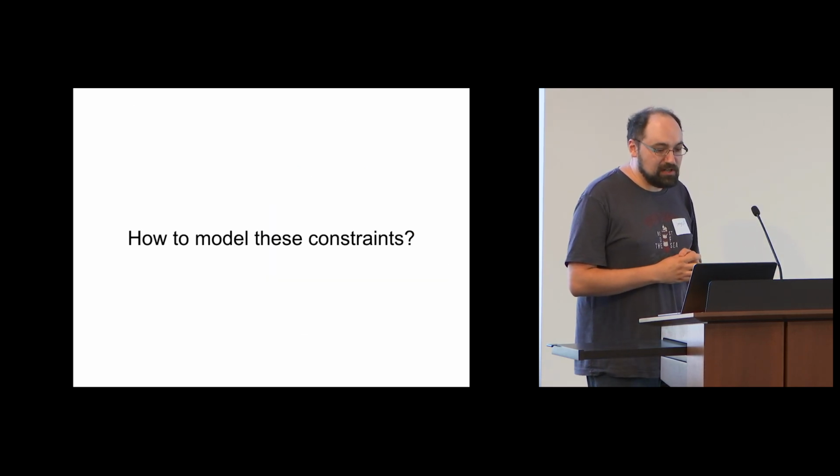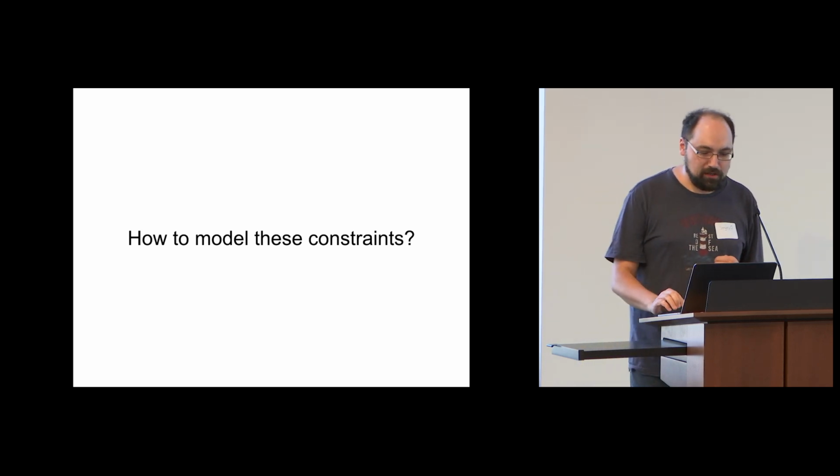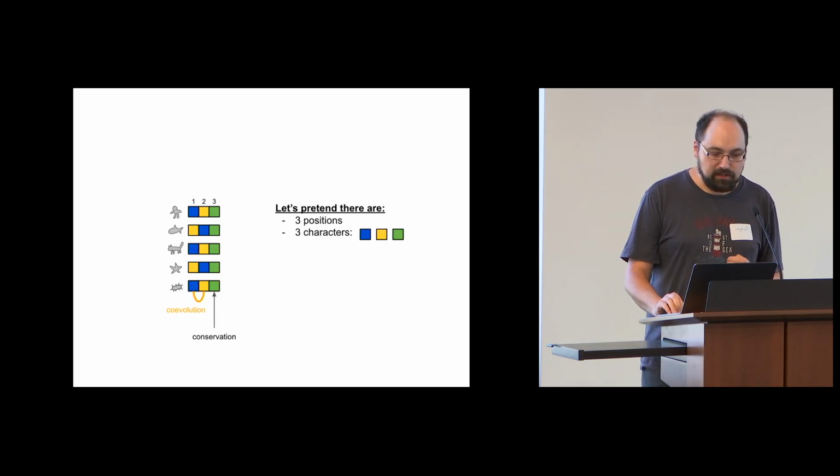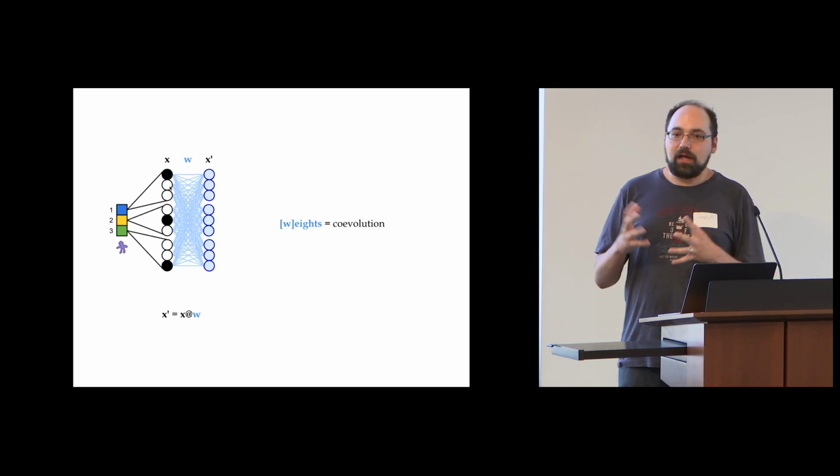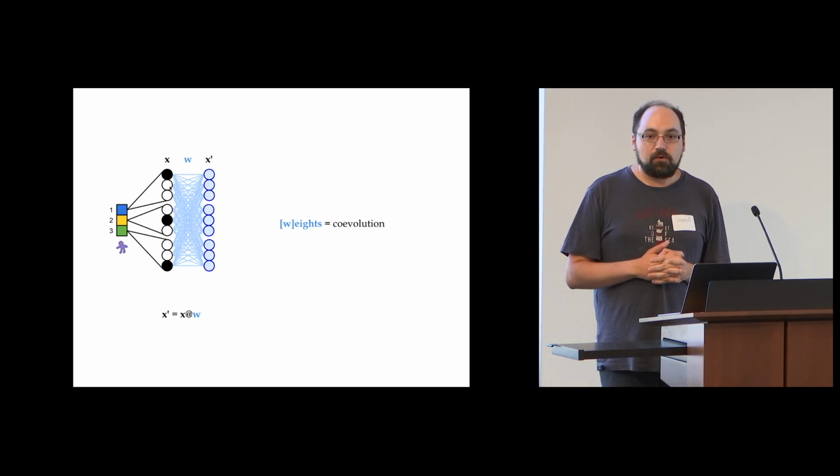Okay, so how do you actually model these constraints? I'll walk you through a toy example. Imagine we have a multiple sequence alignment, a bunch of sequences. Two positions are covariant with each other, and one position is completely conserved. I take one sequence, say from human, and one-hot encode it. I just need to describe it somehow in order to pass it to a computer program. For example, blue is 1, 0, 0, and so on. Then I could come up with a neural network layer that describes the relationships.